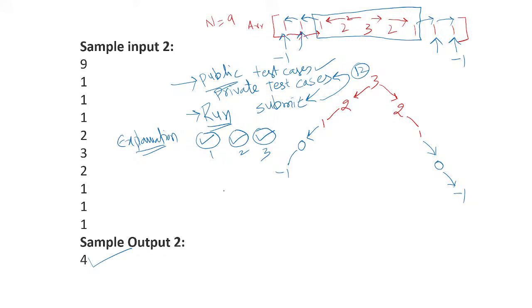Out of 12, if your code passes all the test cases, then you will get a message like "Accepted" in green color. That means your code is accepted, satisfying all the test cases. You are done with your problem, and you can go to the second problem.